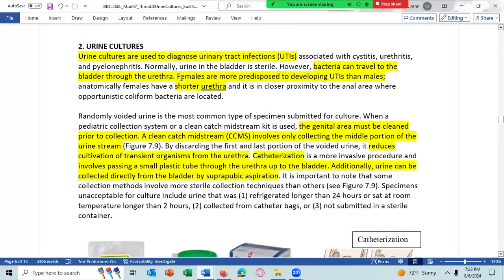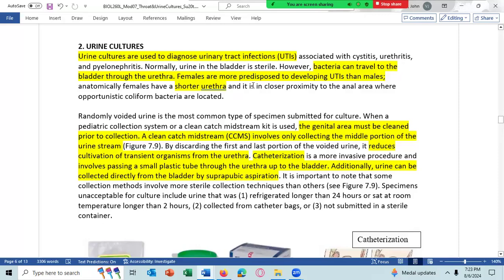Normally, urine in the bladder is fairly sterile. Actually, the female bladder is no longer known to be sterile. The female bladder, at least, has a normal microbiota. And I don't know, no one's ever looked at males to see if males have a normal microbiota in their bladder.